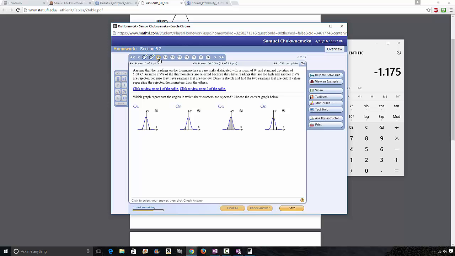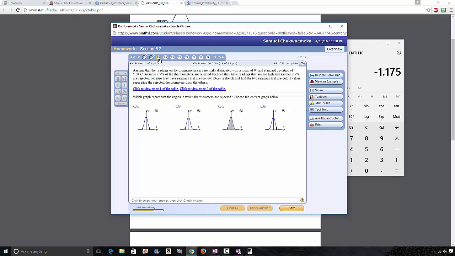Assume that the readings on the thermometers are normally distributed with a mean of 0 degrees and standard deviation of 1.00 degrees Celsius. So mean of 0, standard deviation of 1, we are good.